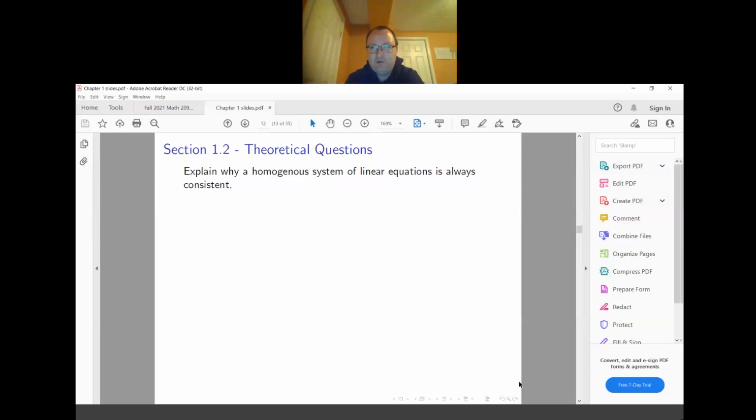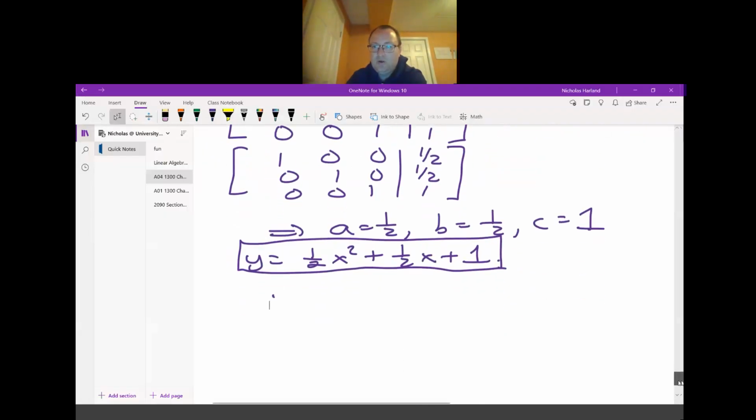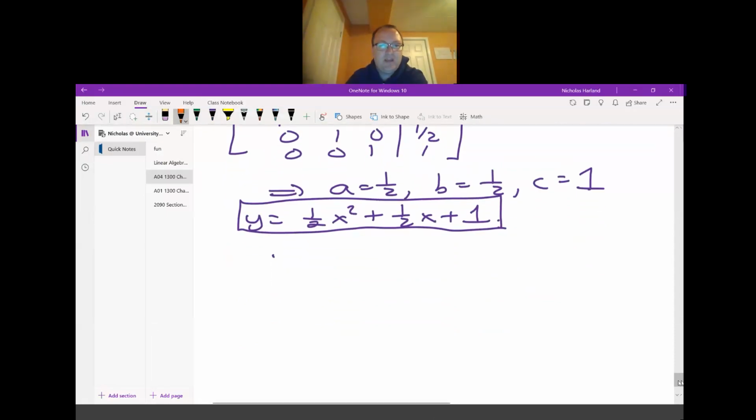So let's make sure everyone's on the same page. What does it mean again for a system to be consistent? Has at least one solution. Great. What does it mean for a system to be homogeneous?